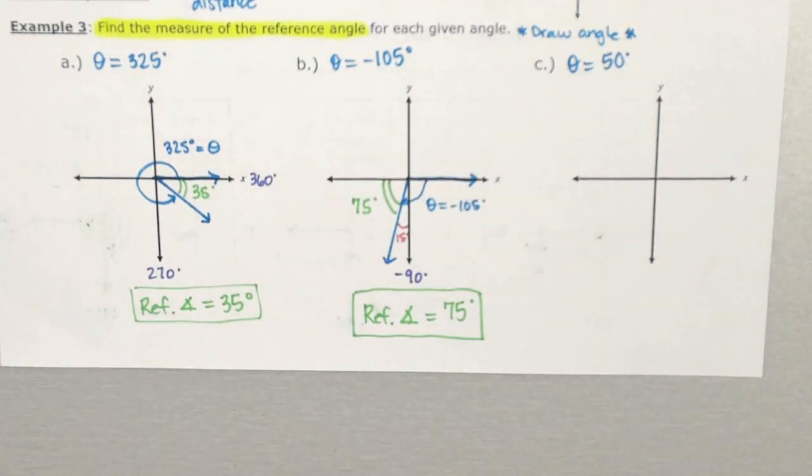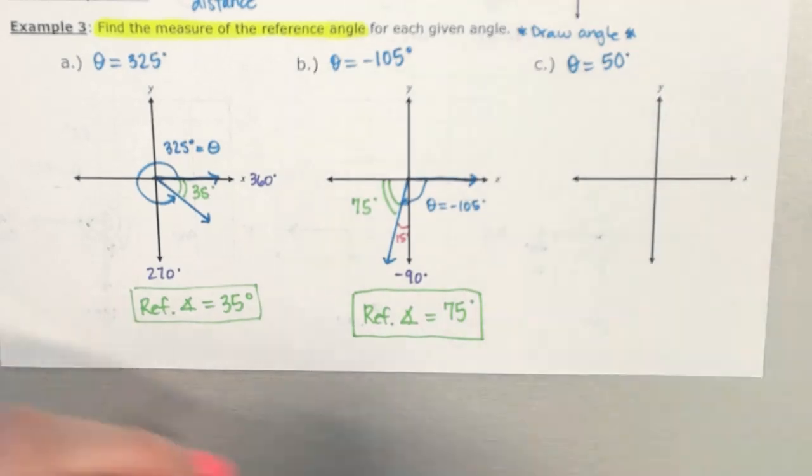Theta equals 50 degrees. What do you get for your reference angle?